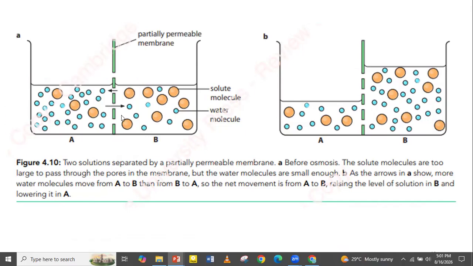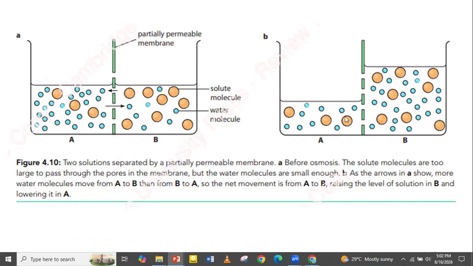So when osmosis occurs, we are going to have net movement of water molecules from A to B. That is why you see this arrow is bigger. It shows you that overall we have net movement of water molecules from A to B than from B to A. Now, when water molecules get to B, obviously the volume of the solution in B won't remain the same. That is why after osmosis has occurred, we see the volume on this side has increased. Why has it increased?